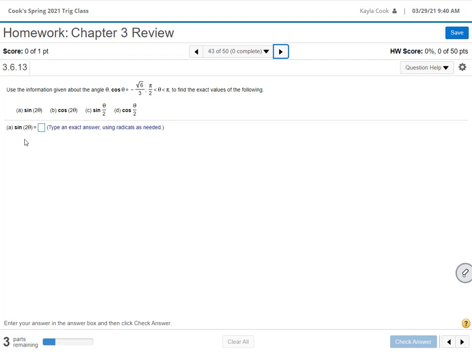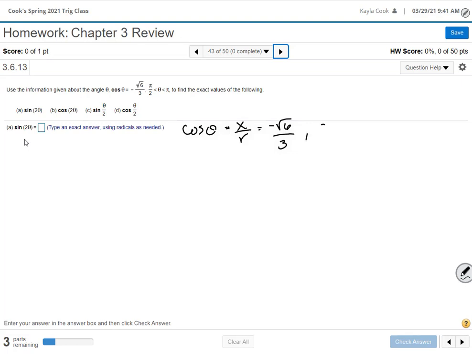Okay, so we get to find sine of theta first. Using a very similar method as before, we know that cosine of theta is x over r, and in this case my x is negative root 6 and my r is 3. R is always going to be positive, so that negative sign outside of your trigonometric value is always going to go with the x or the y.